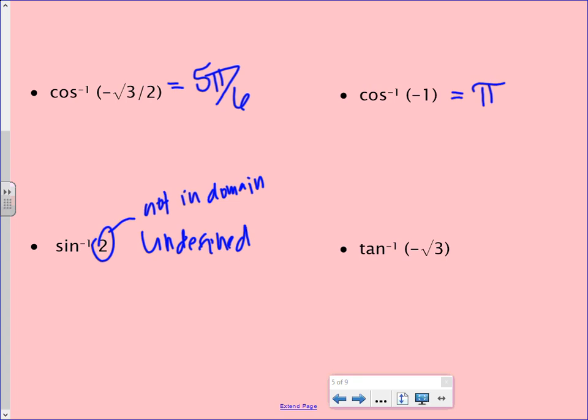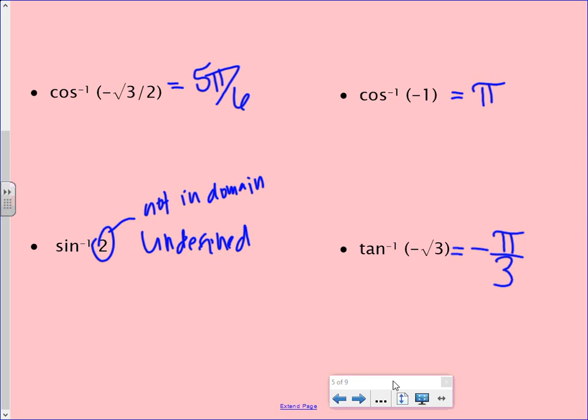So if I'm saying the inverse tangent of negative radical 3, our answer would be negative pi over 3. Inverse sine and inverse tangent are nice because it's either a positive acute angle or a negative acute angle. We don't have to think about what that fraction would be.